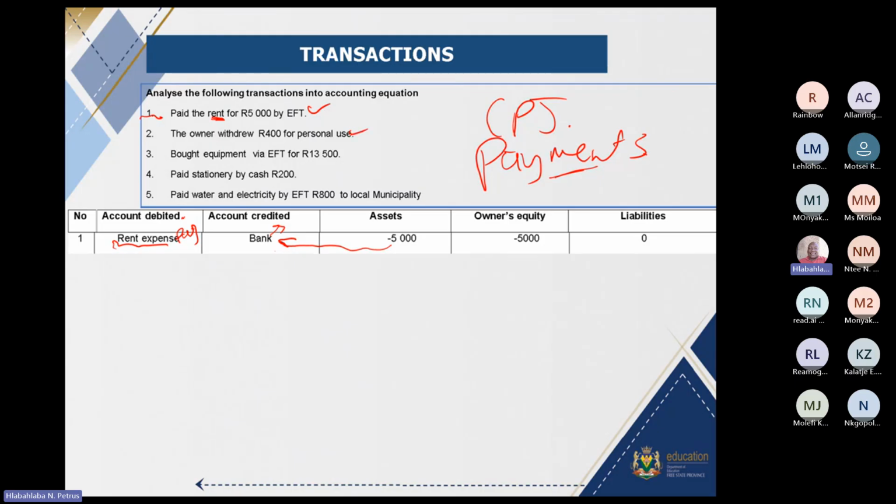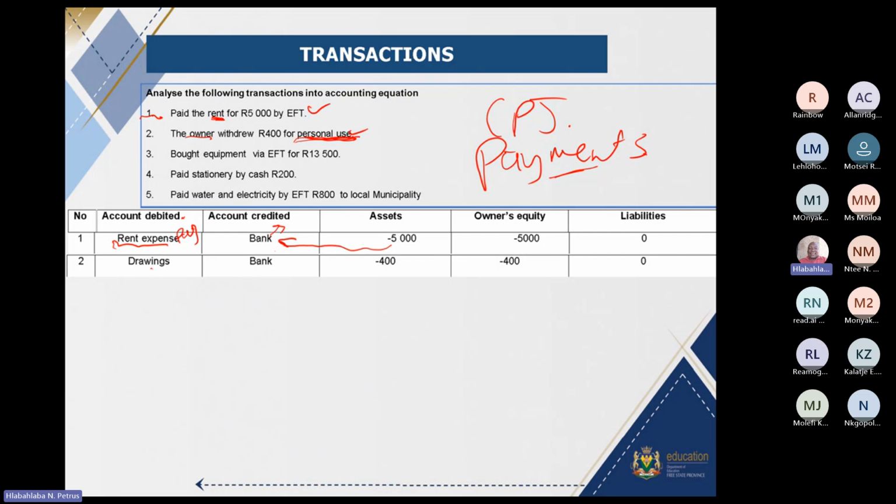The next transaction says the owner withdrew 400 for personal use. Because of personal use, we refer to it as drawings. Because we are taking the money out of the bank, we credit the bank and then we debit the drawings.